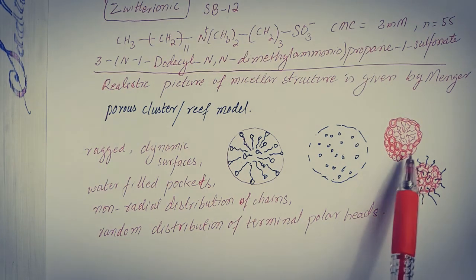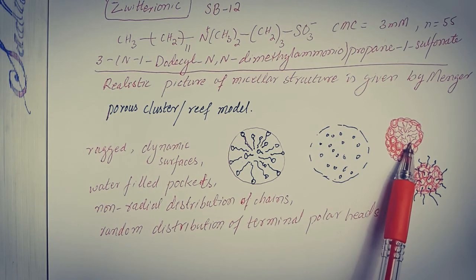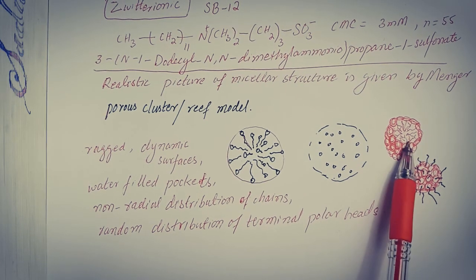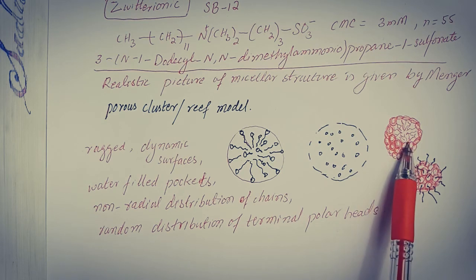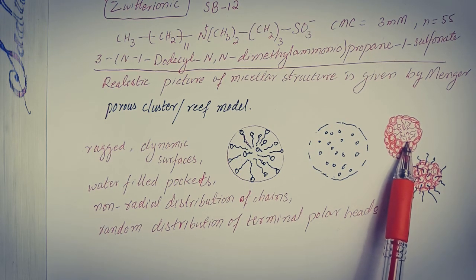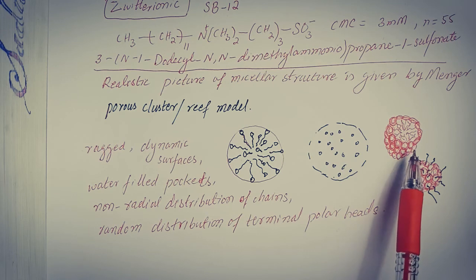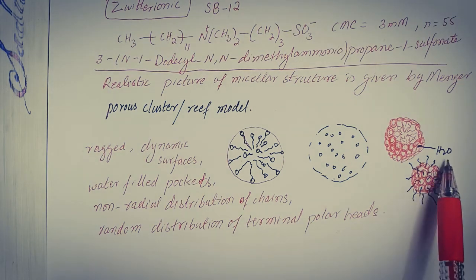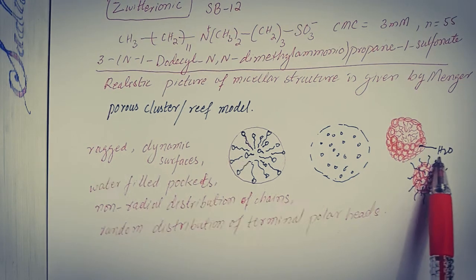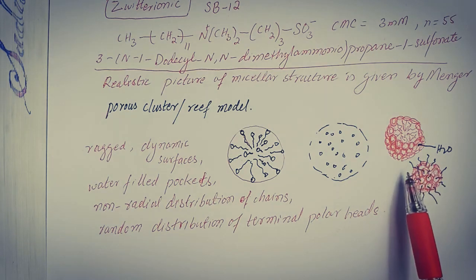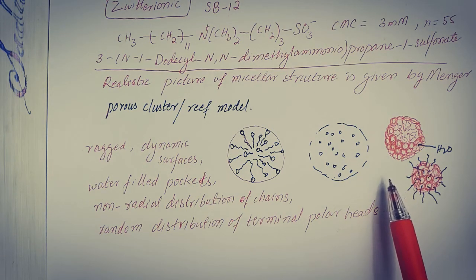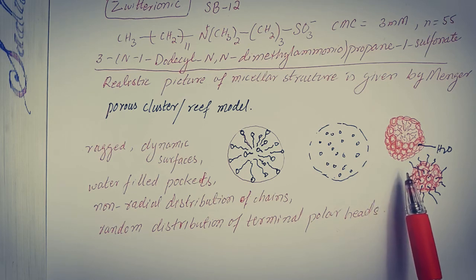And this micelle can have cavities having no distribution of any kind of amphiphilic molecules, and even hydrocarbon water contacts. Like here I have tried to show. So all these kinds of deviation actually show the deviation from the precise spherical shape.